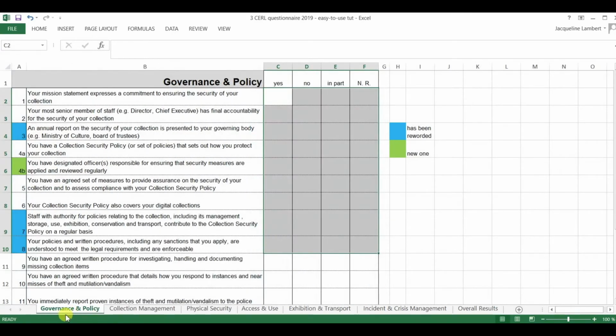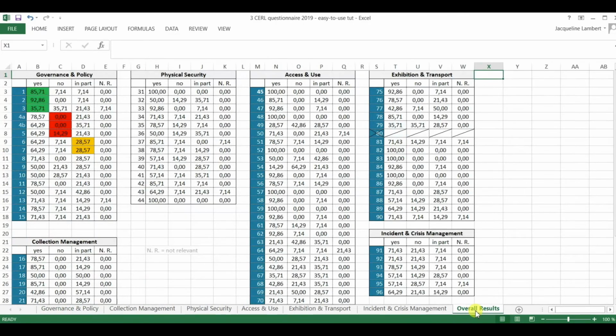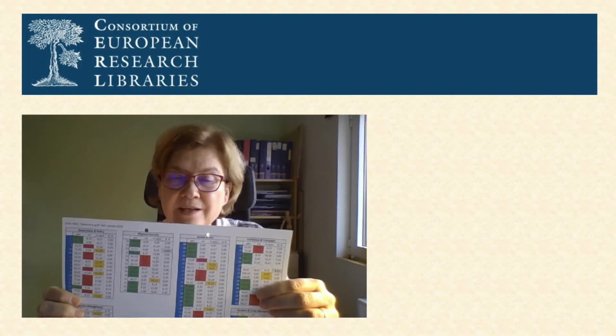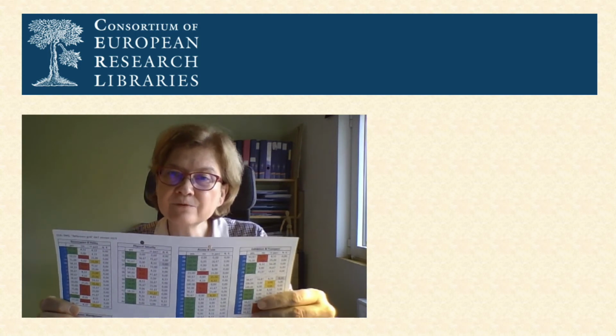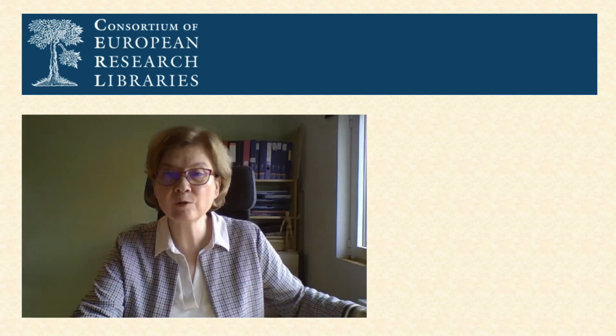Let's take the first domain, governance and policy, and imagine that you answer this way. If you go to the last page, you will notice that it has been colored according to your answers. This grid in hand, you will be able to start the process of developing or improving your policy.